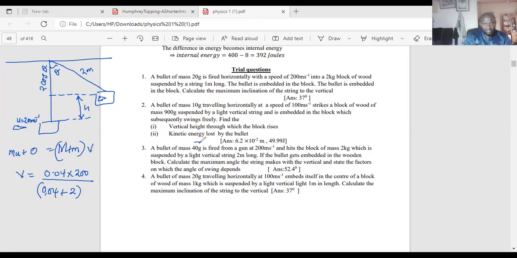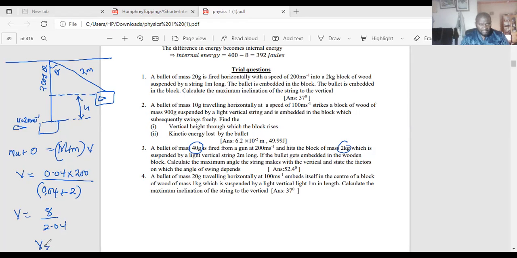Be very sensitive whenever they give this in grams and this in kilograms. People just add, then they will get 42 kgs. So velocity will become 8 over 2.04.